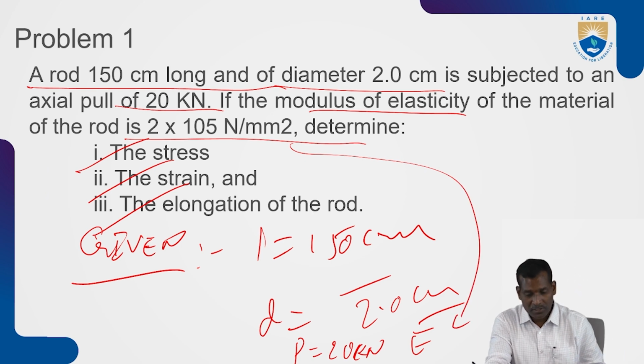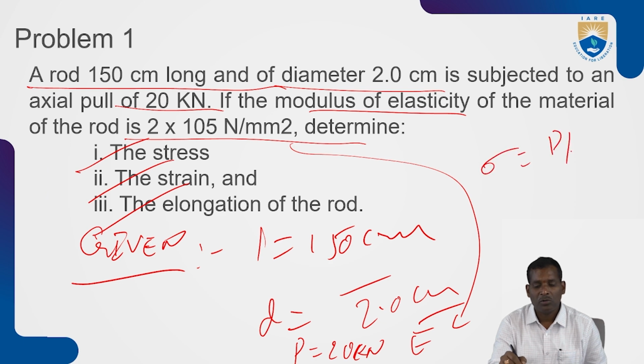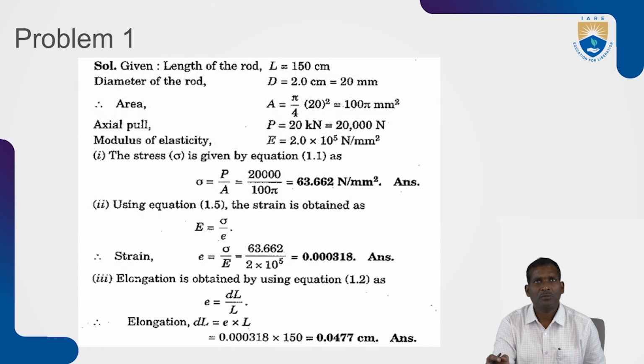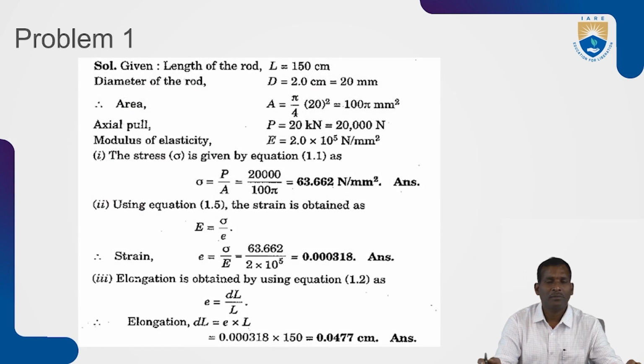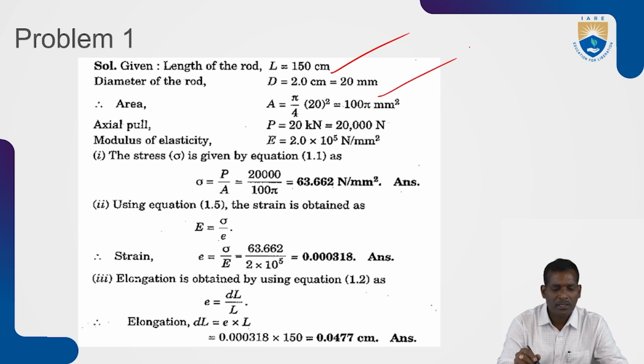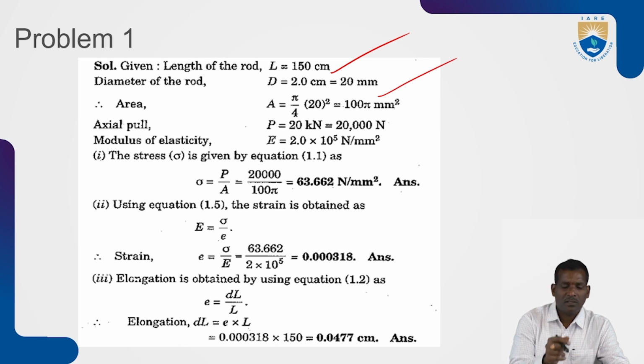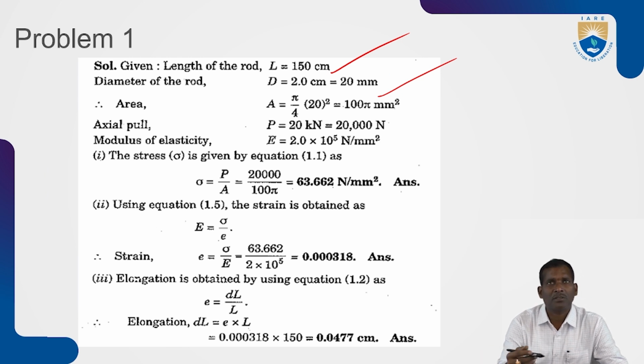Now determine the stress: sigma is load per area. Strain is change in length by original length. Elongation is how much the rod increases or decreases after applying the 20 kilonewtons. Convert the diameter 2 centimeter into 20 mm, and similarly convert the 150 centimeters into mm.